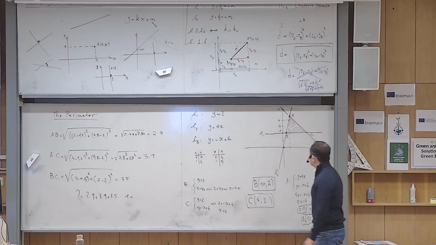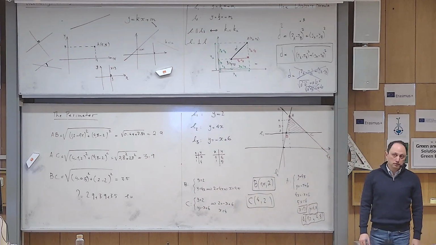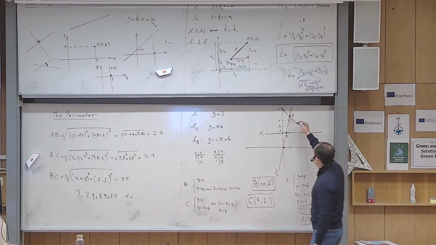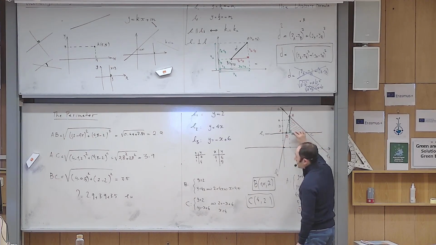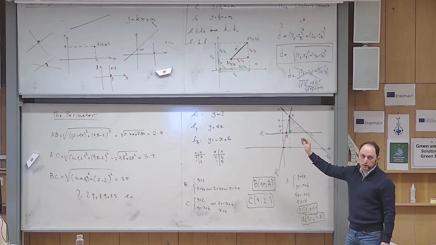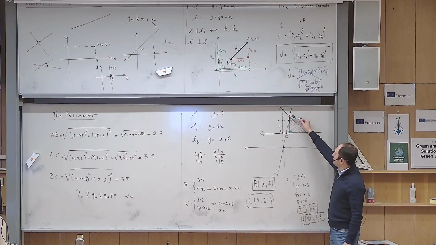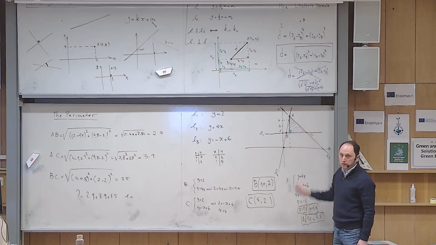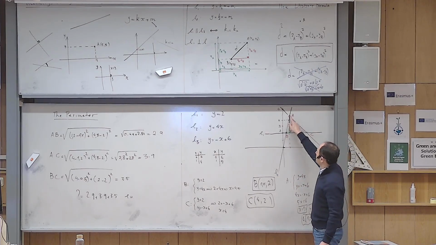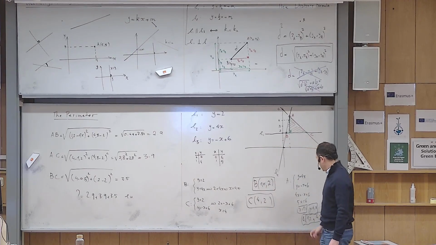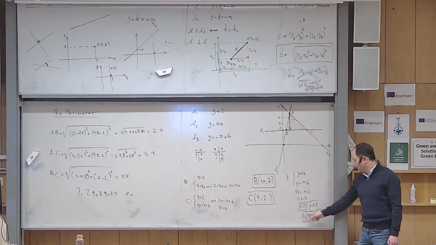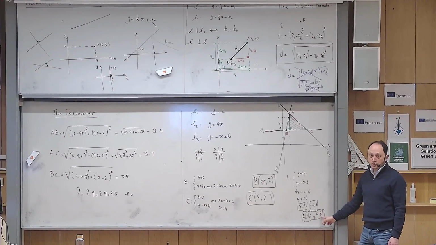And I need something more. What do I need more? The height. The height is from here to here. But that is extremely simple because I am lucky that one of them is horizontal. I will tell you what to do if one of them is not horizontal. But can you tell me what this height is now? Why? Because A was at what height? Where is A? Remember, A is 4.8.